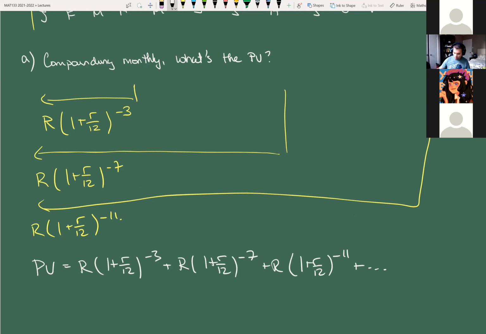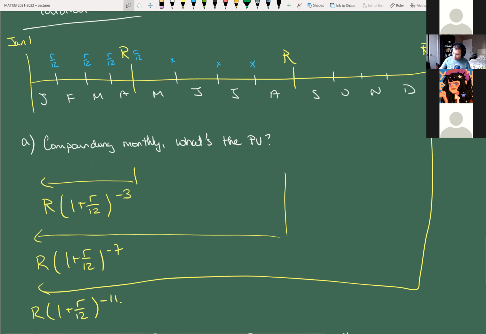Why is it -4? Great question. I'm assuming that when I take this back, it is only going to see these 3 payments, because I'm assuming that the compounding event happens at the same time as the withdrawal, and therefore that payment won't see it. If you want, you can do this problem where it will see it and it will change your answer a little bit, but I said at the beginning I was going to make that assumption.